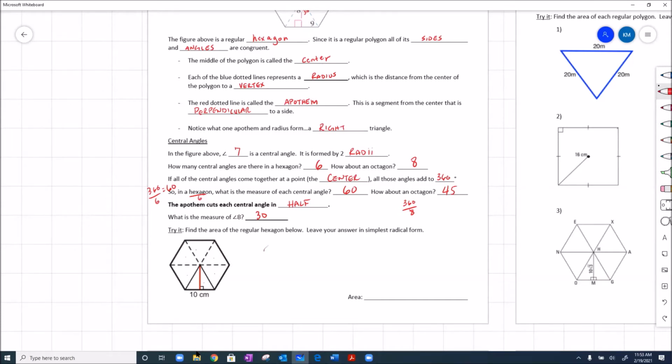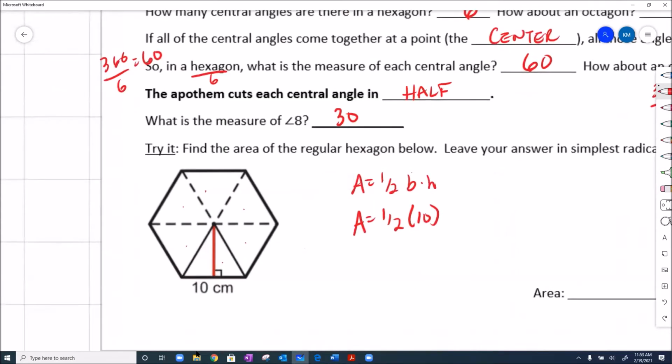For the area of a triangle, we need the base and its perpendicular height, which, nice, the apothem shows us. So area equals 1/2 base, which in this case is 10, and we need to find the height. So as we look to find the height, what we have is this angle 60.